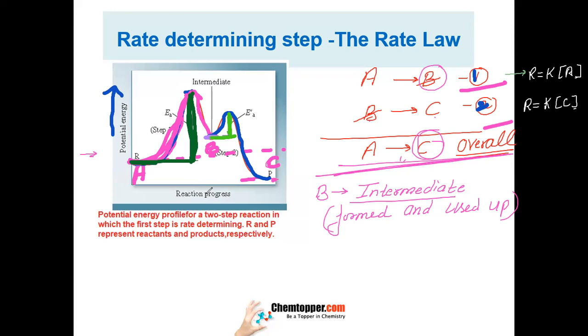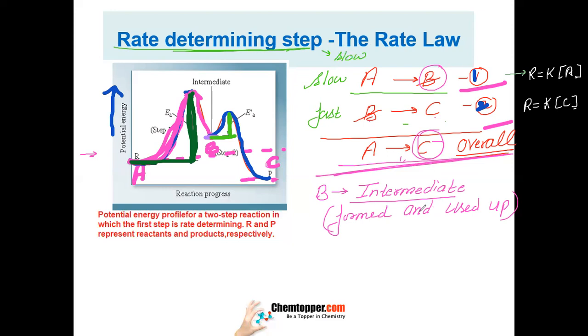More energy means fast or slow? Slow. So A to B is a slow reaction and B to C is a fast reaction. The rate determining step, the one which determines the rate law, is the slow step.